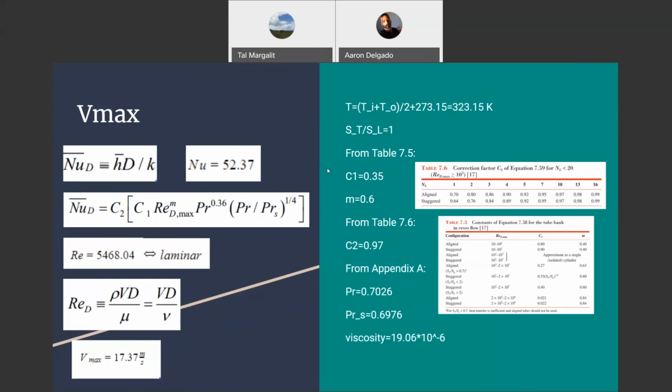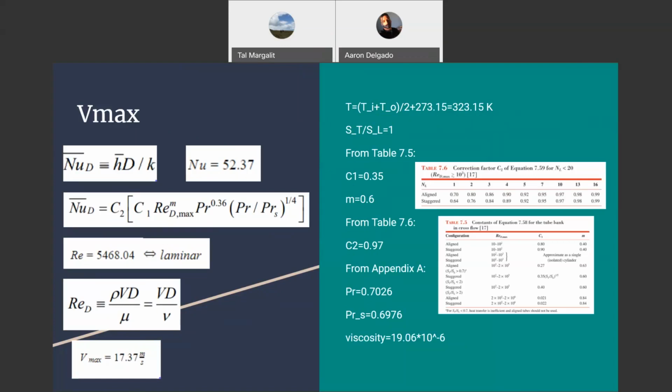Next, we calculated the Nusselt number corresponding to our chosen convective heat transfer coefficient and found it to be 52.37, using k at the average temperature from inlet to outlet. Using this value, we're able to calculate Reynolds number. C1, C2, and m were found using design parameters and an iterative process from tables 7.5 and 7.6 in the book.